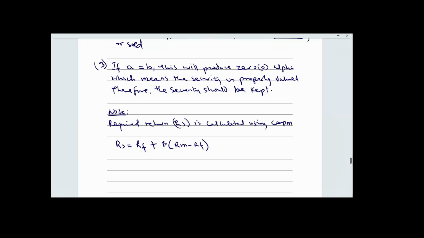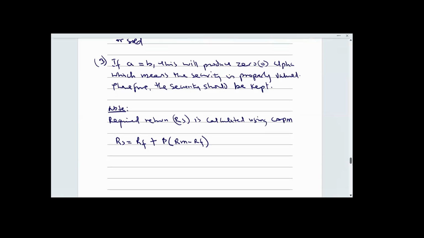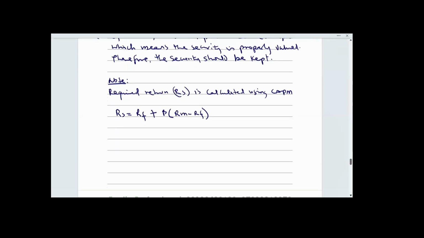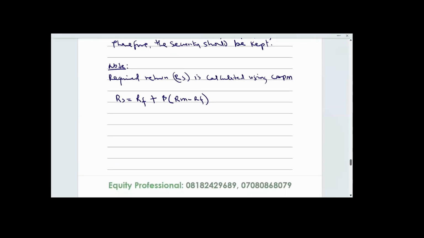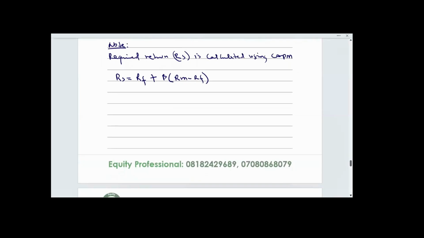Like I mentioned, the challenge that students will face under this topic is not the required return that you want to calculate. The major challenge is your ability to identify from the question which formula you are going to use to calculate your beta value.